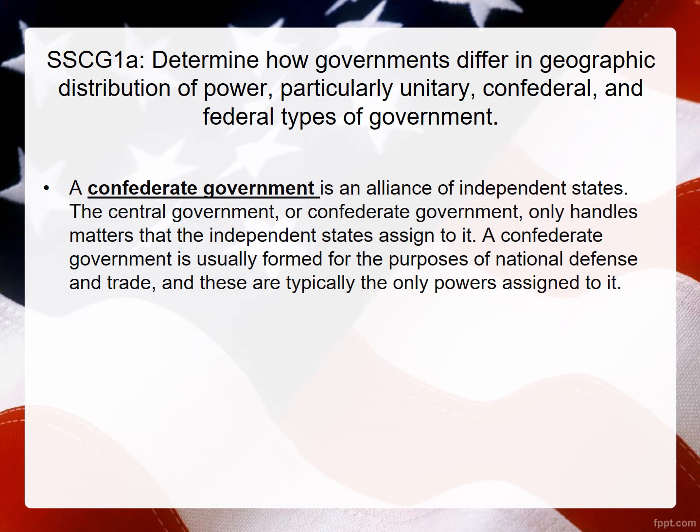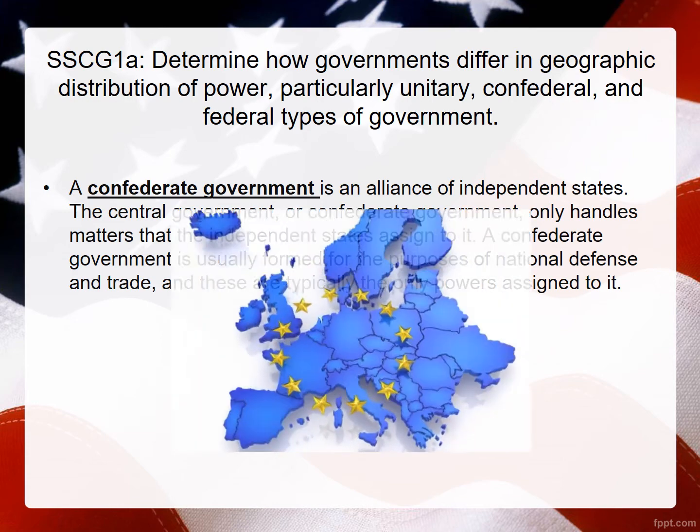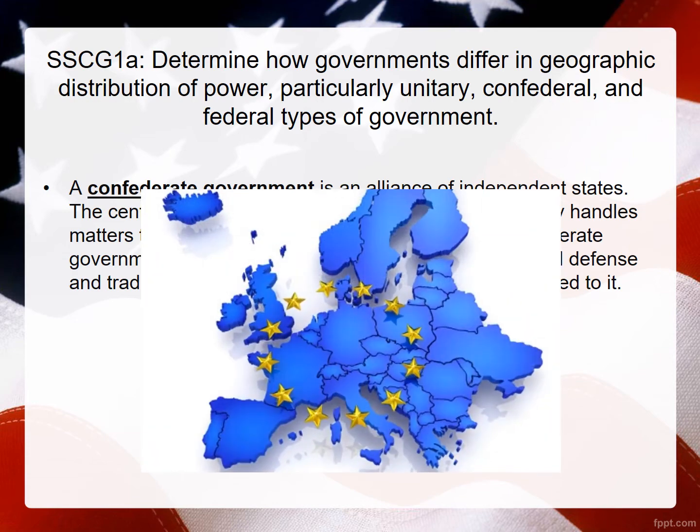A confederate government, the one that we're talking about here, is usually formed for purposes of national defense and trade. It allows for business to be done more easily between the countries that are a part of this confederate government. A great example of a confederate government is the European Union. Prior to the European Union being formed, all of the European countries had their own separate currency or money.